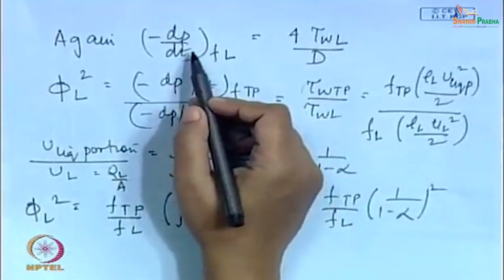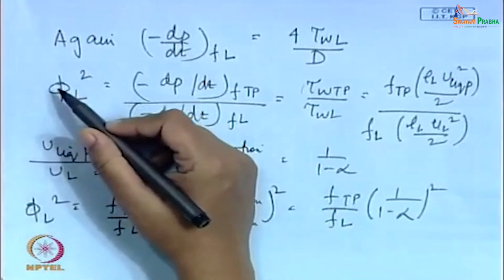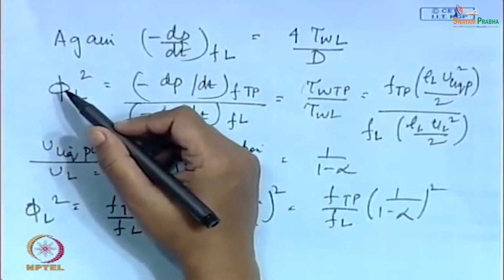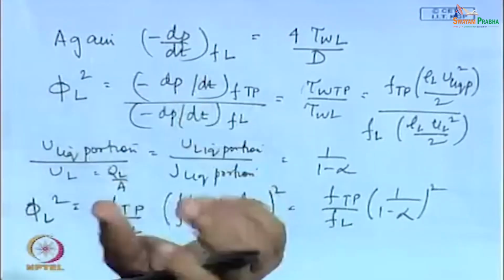Now, remember one thing. Suppose we want to find out phi L square. So, what is phi L square? Phi L square is nothing but the two phase frictional pressure gradient divided by the pressure gradient when only liquid flows in the pipe. So, for finding out phi L square, we have to find out the pressure gradient when only this liquid flows in the pipe. And what is the pressure gradient when the two phase mixture flows in the pipe?